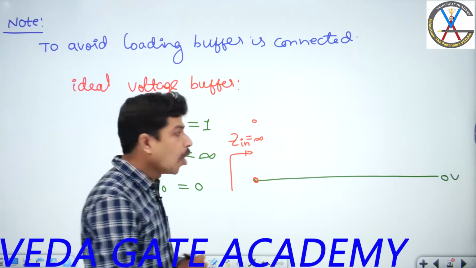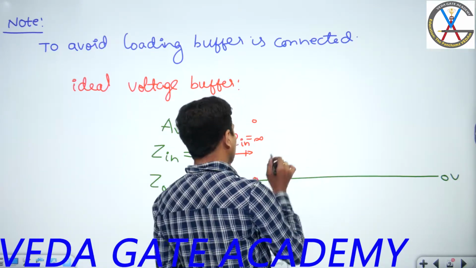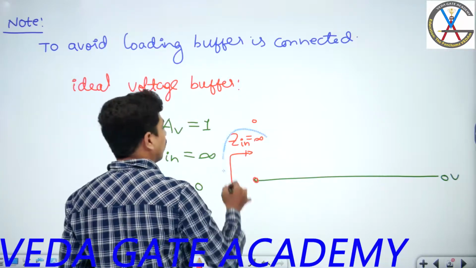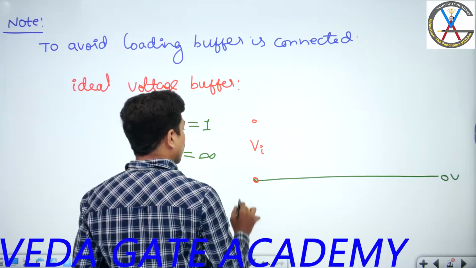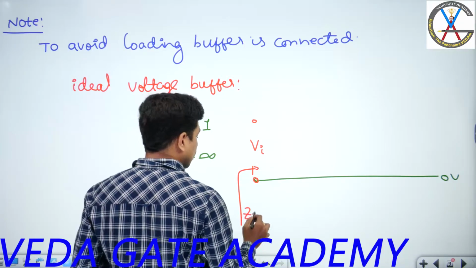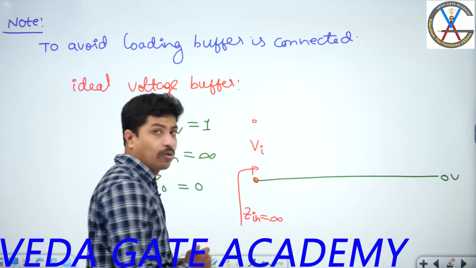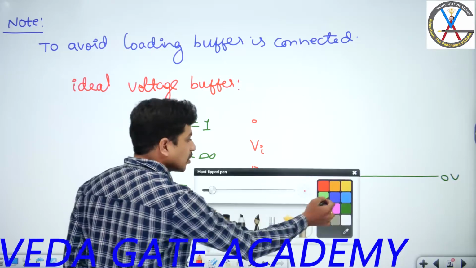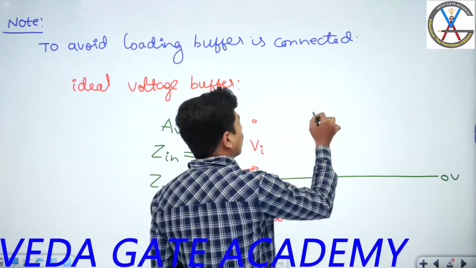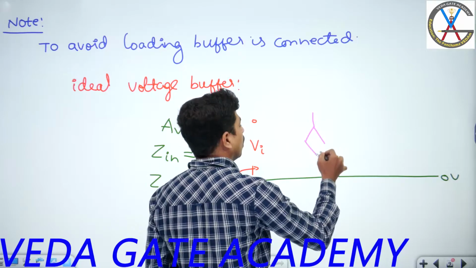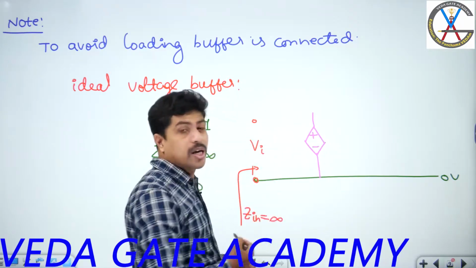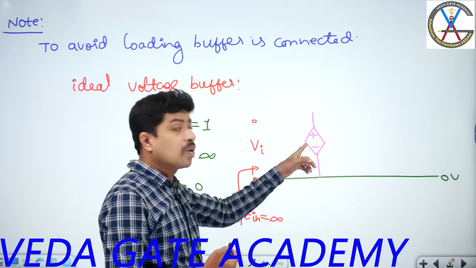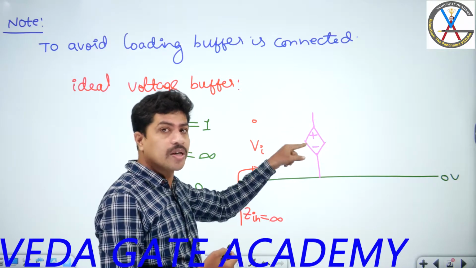Output impedance. Here I am taking the output. First of all, let's take the voltage as VI. This voltage is VI, and we are able to see that the input impedance is infinite because it is an open circuit. Voltage gain is how much? 1. If voltage gain is 1, what is this? A voltage dependent voltage source.